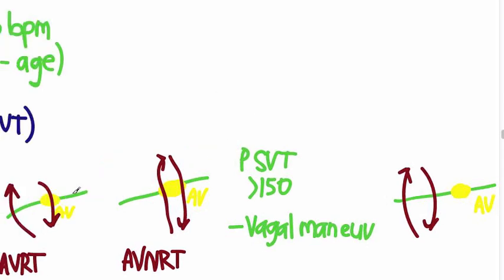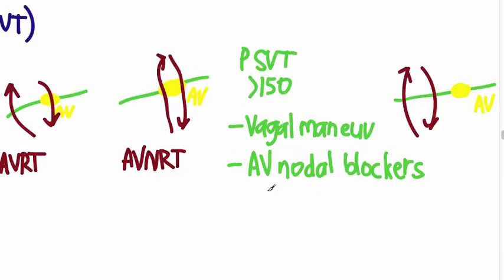And so if vagal maneuvers didn't work, the other thing you could do is give drugs that would block the AV node, so AV nodal blockers. And those are the things we mentioned earlier, like adenosine, beta blockers, and calcium channel blockers. They would break one, or in this case, both limbs of the cycle, and thereby terminate the cycle. Now, of course, in this one, an AV nodal blocker is not going to work.